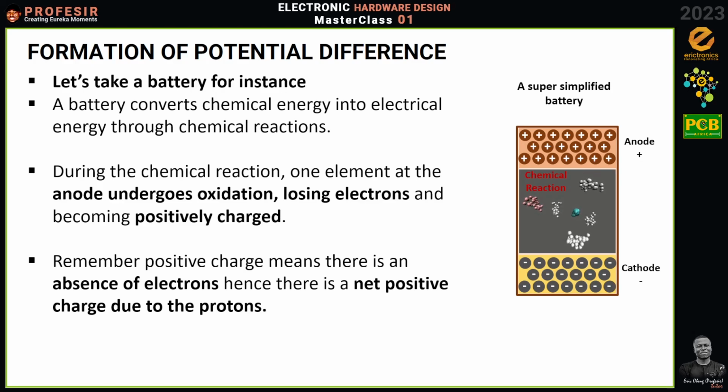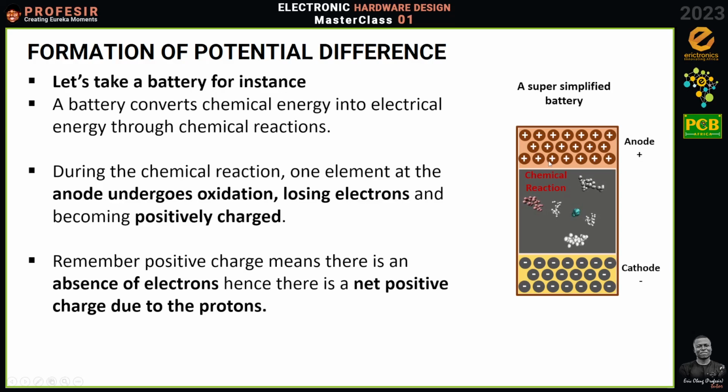Now, this is where I am interested. These atoms that have lost or gained electrons turn into something called ions. Okay? Ions.